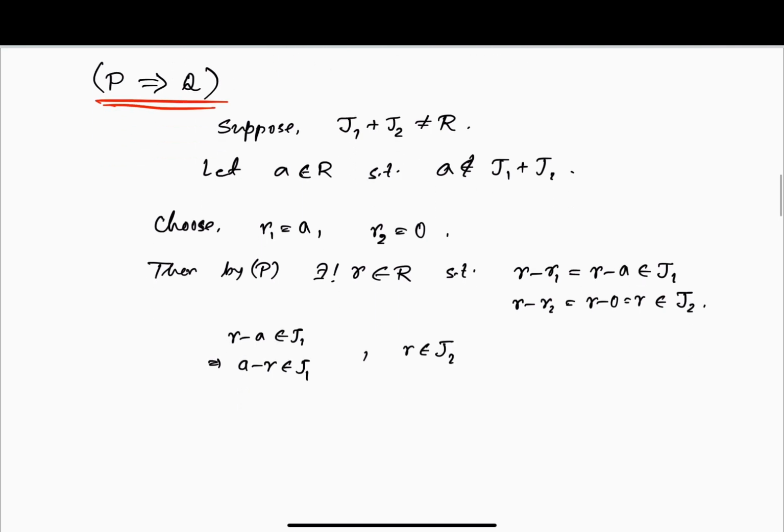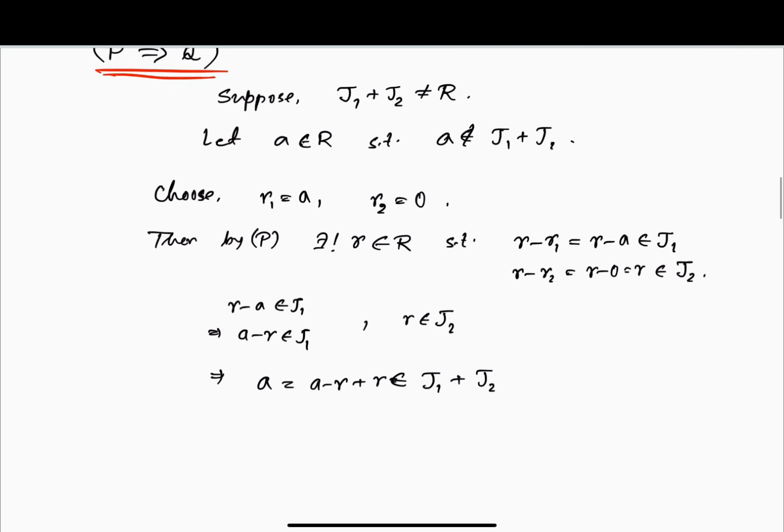If you add these two, A minus R plus R belongs to J1 plus J2. So we started with A not in J1 plus J2, but we end up with A in J1 plus J2, which is a contradiction.